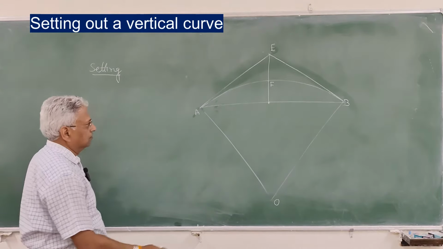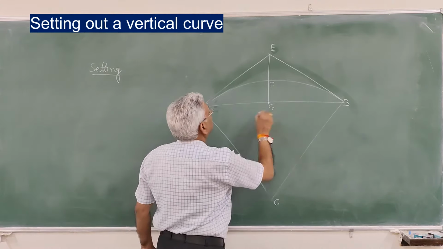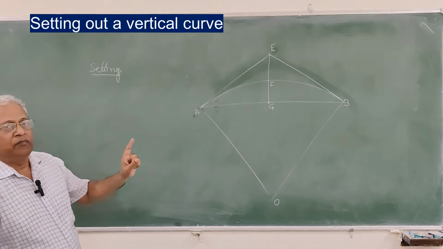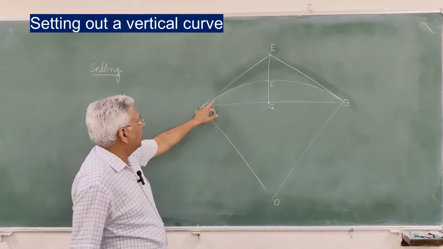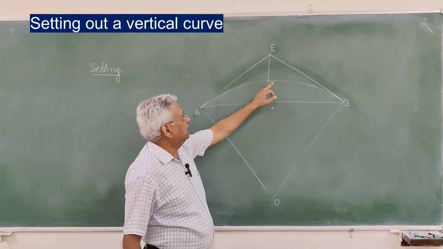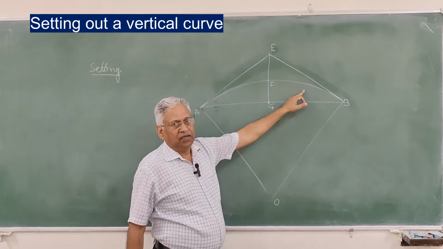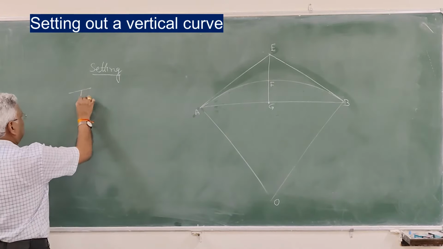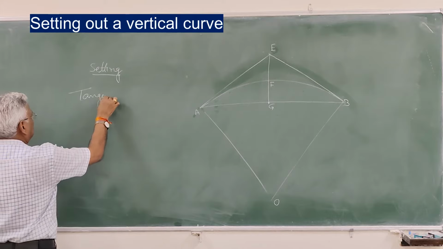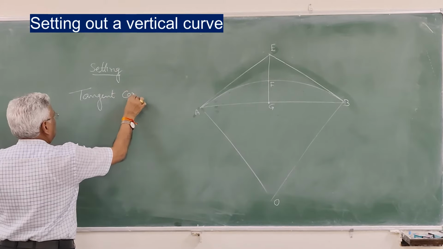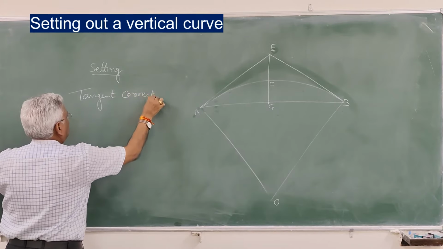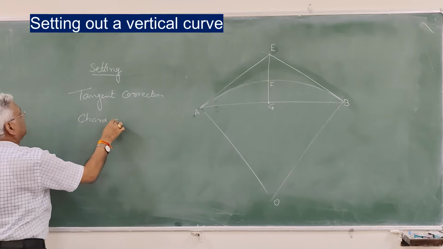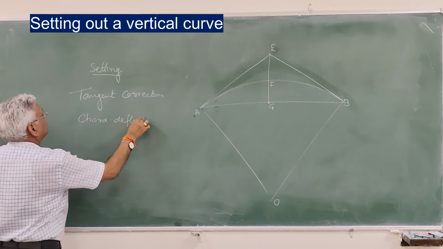You can call it, let us say G. Now setting of the vertical curve basically means to determine the RLs of different points on this vertical curve. And there are two methods of doing that. One is tangent correction method and another is chord deflection method.